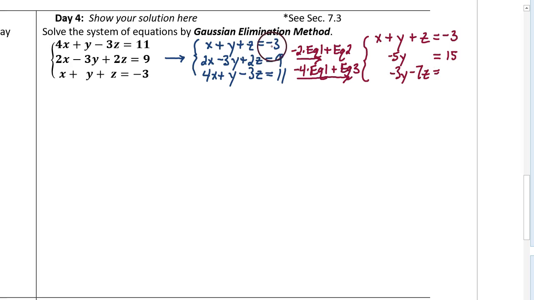Negative 4 times the negative 3 is 12, and 12 plus the 11 is 23. Notice that I point at terms as I'm working with them, and I'm talking them through out loud in the video, but I would be talking them through in my head if I was working this as homework.